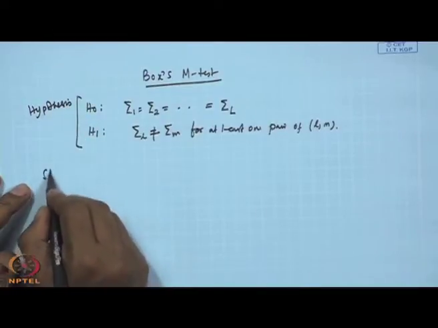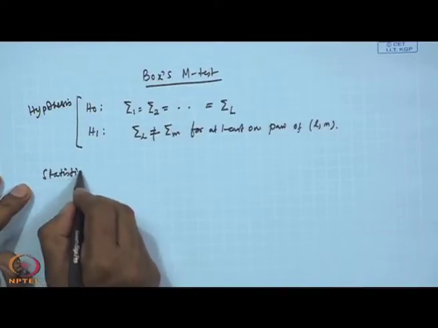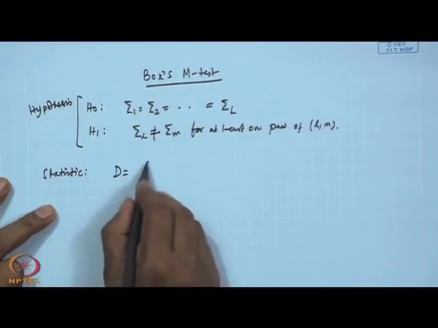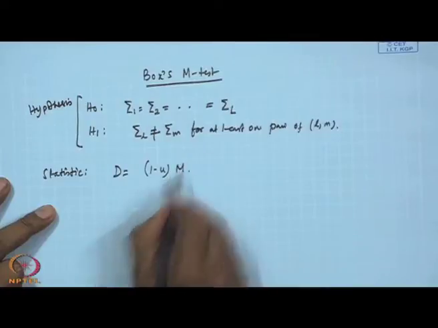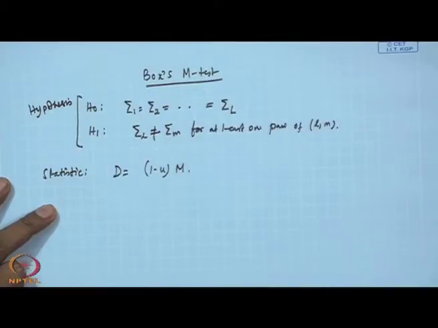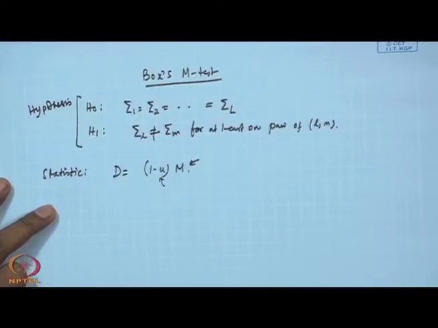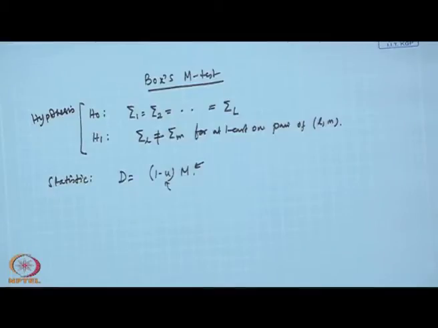Then create the statistic. Our statistic we are creating, suppose D equal to 1 minus U into M. So you require to know what is M and what is your U, correct. Now let us see the slide where I have written these things.